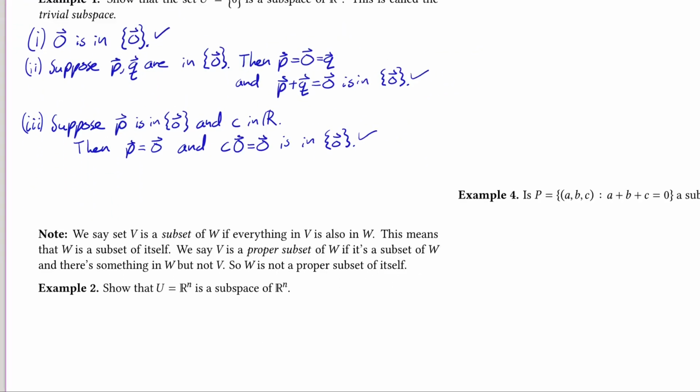So that is the simplest subspace. Let's talk a little bit about the term subset, because the regular English word subset sometimes means something a little stronger than in math.